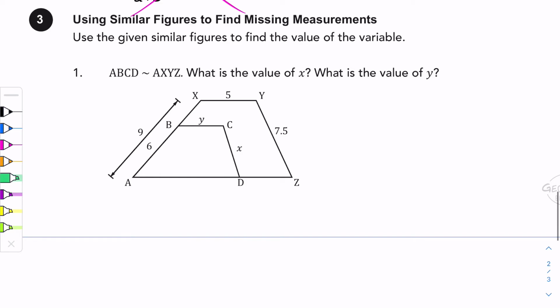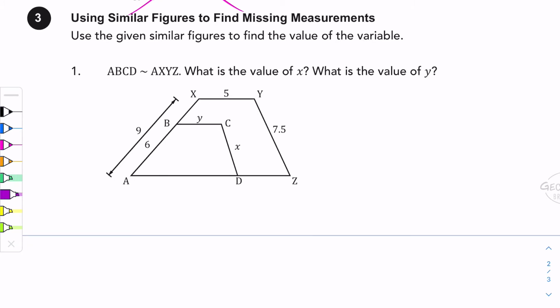And for the last example, we are going to use the similar figures to find the value of the variable. So based on this congruent statement, I know that segment AB is similar to segment AX, which is these symbols or these sides here.